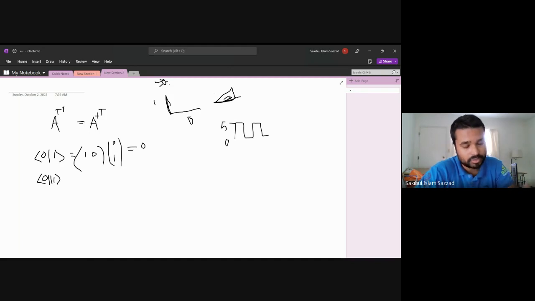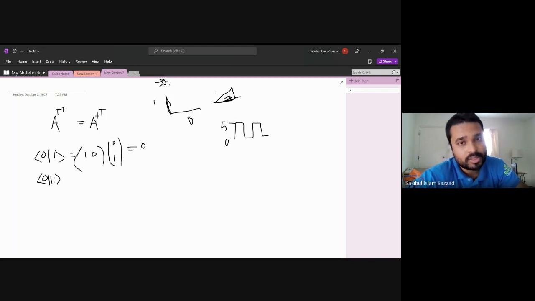So for the classical bit, these are just 1 and 0 combinations. That's how our computation works. All laptops, all mobile devices, all current technology is based on just these voltage levels, 5 and 0, the microelectronics things.